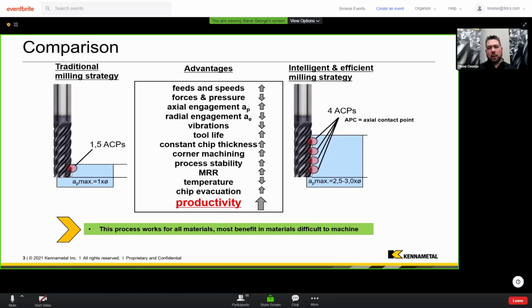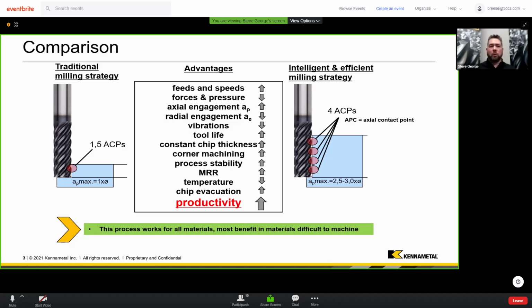One of the things that I'm going to point out, and I'll recap this again at the end, is that number one, there are advantages to both. If I want to just go in and take out a lot of material, a traditional milling strategy still could be the best way, but I really need to think about my part to start with.